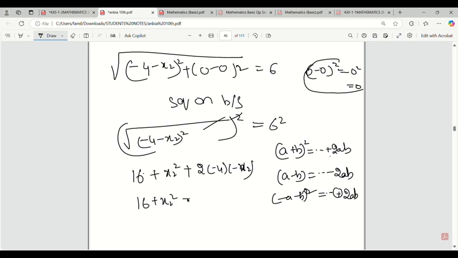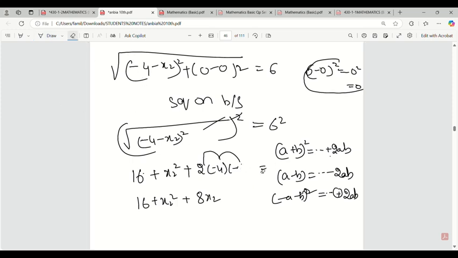Check it out. 16 plus x2 square plus minus 4 minus plus 4 into x2 will be x2. So 4 2s are 8, x2 you will get, is equals to minus x2 is equals to 6 square, is equals to 36.